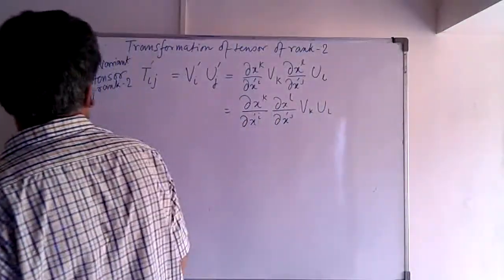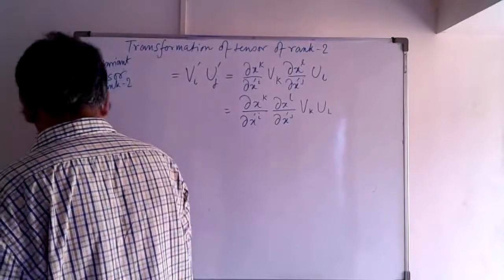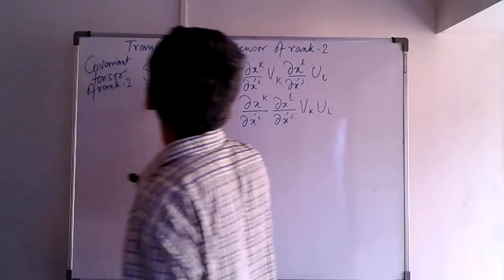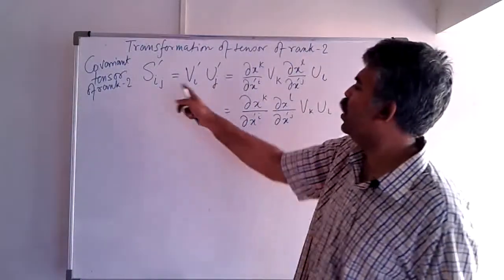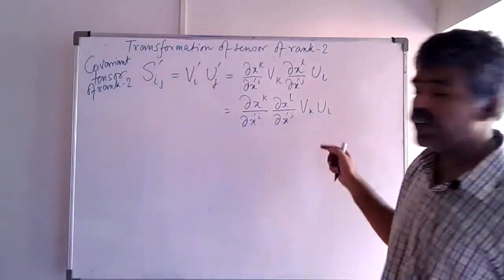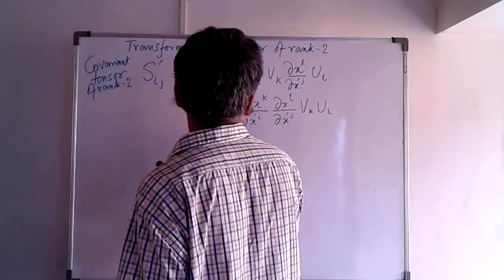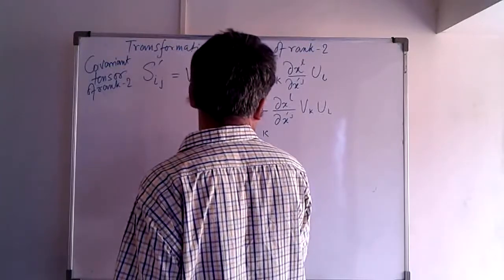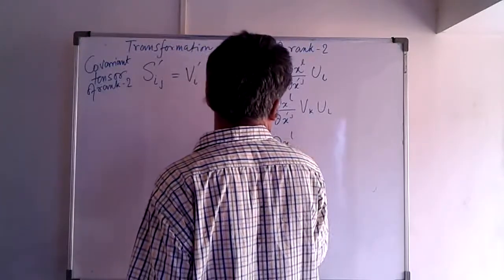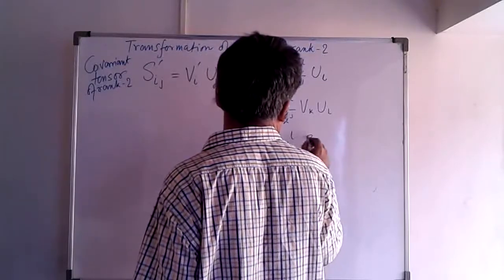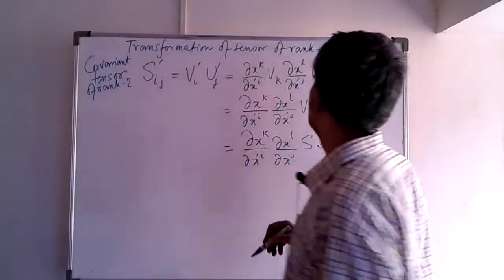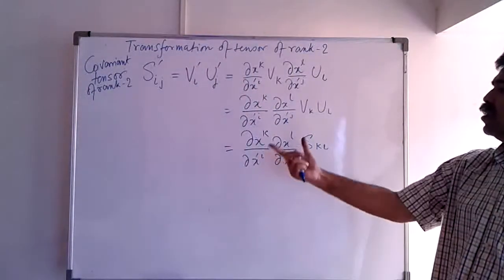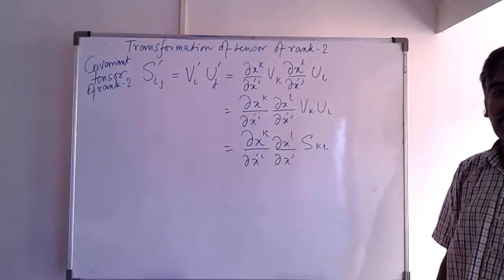Let's take it as a different thing, S ij prime. S ij prime is this. So S ij prime will be del x k / del x prime i, del x l / del x prime j, S kl. Fine. So if something transforms like this, it is a covariant tensor of rank 2.